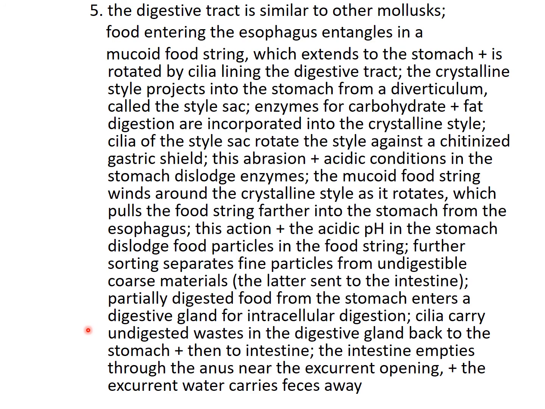Ultimately, the cilia carry the undigested waste from the digestive glands back to the stomach and then to the intestines. The intestines empty through the anus near the excurrent opening, and the excurrent water carries feces away from the inside of the bivalve.